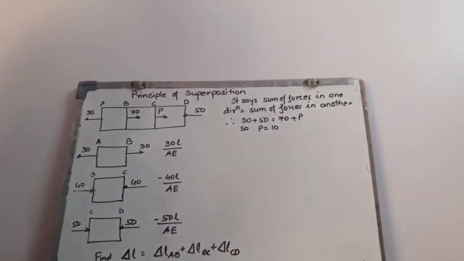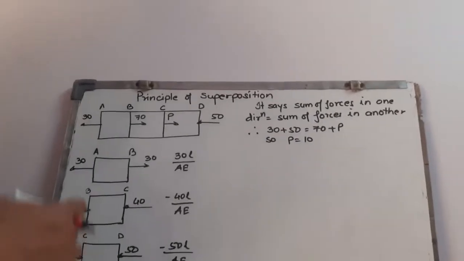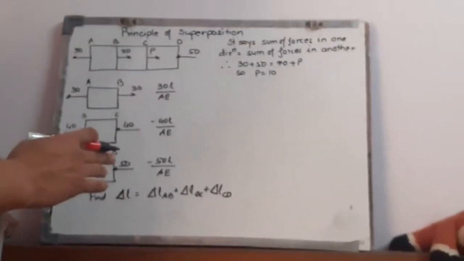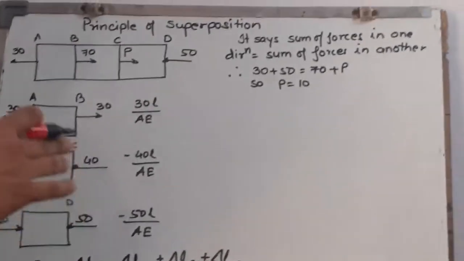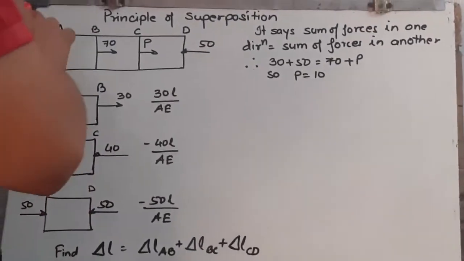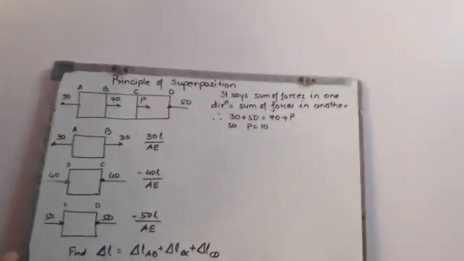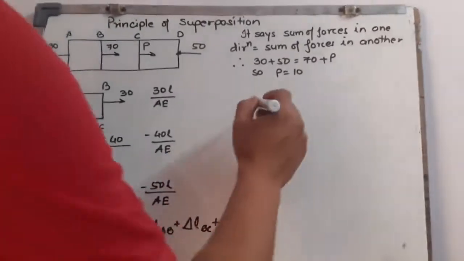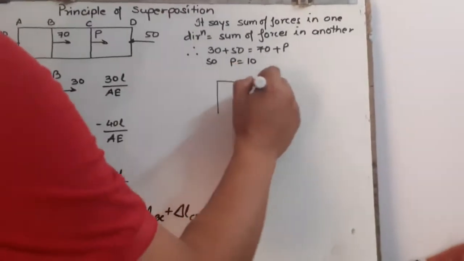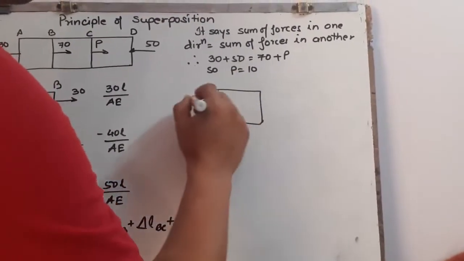Now what you need to do is solve the problem either starting from left to right or right to left. In both the manners you get the same answer, the same magnitude and the same direction. So if you move from A to B, the process says that you need to isolate member AB. If you isolate member AB, you can see that this is what you get.